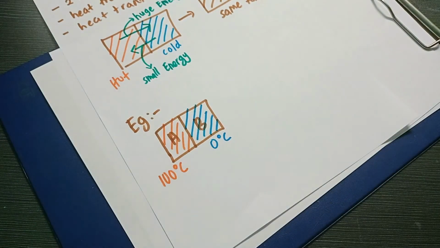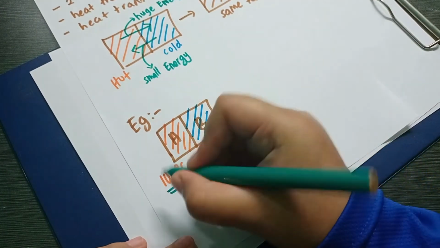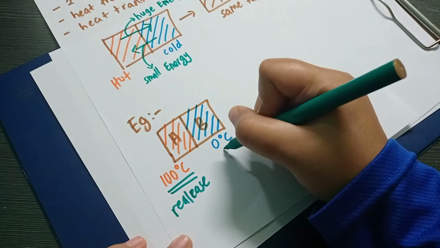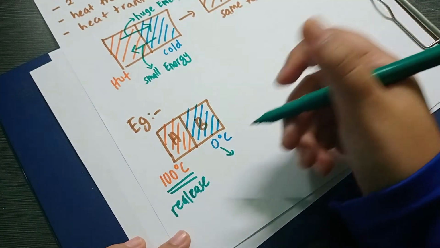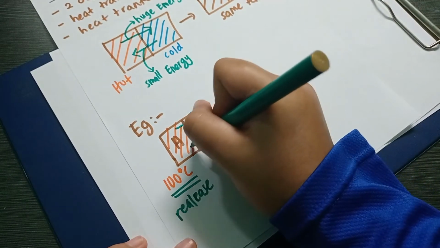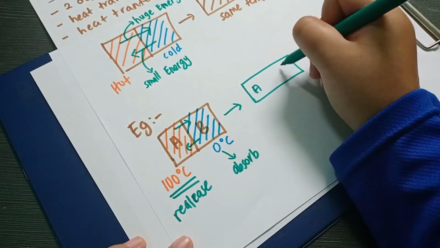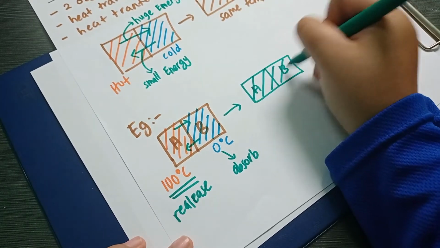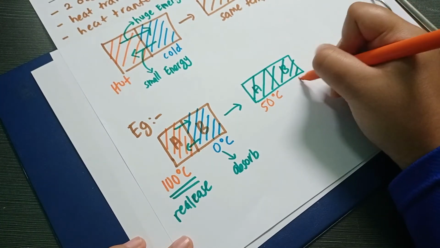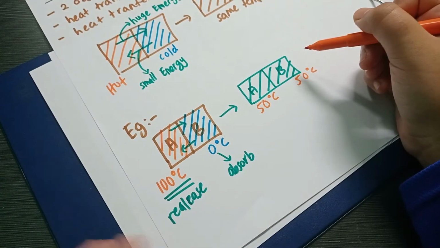So when it comes to heat transfer, 100 degrees Celsius releases the energy, and the 0 degrees Celsius will absorb the energy. So when heat transfers in both directions, at the end it will become the same. So here A and B will have the same temperature, which is A has 50 degrees Celsius and B is 50 degrees Celsius. This is what it will look like in a thermal equilibrium.